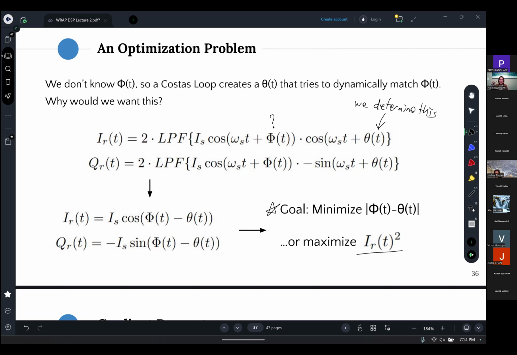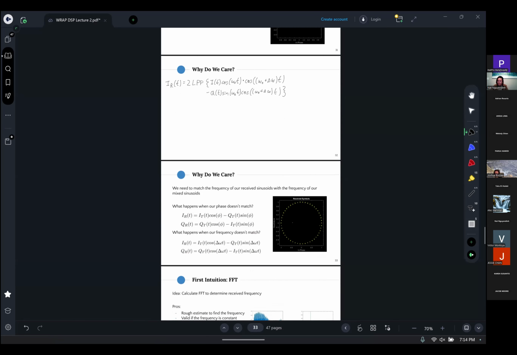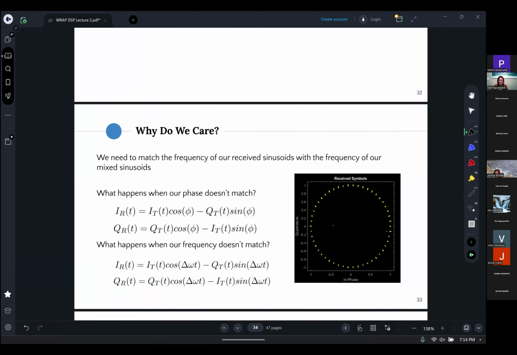So if it looks like 0.7 or something, then we know we're a little bit off. Some of our Q component leaked in because we're not getting the maximum value for I. Remember, we're assuming the amplitudes stay constant between I and Q, so if we don't get a straight up 1, that means we've rotated a little bit and some of our Q component has leaked in.